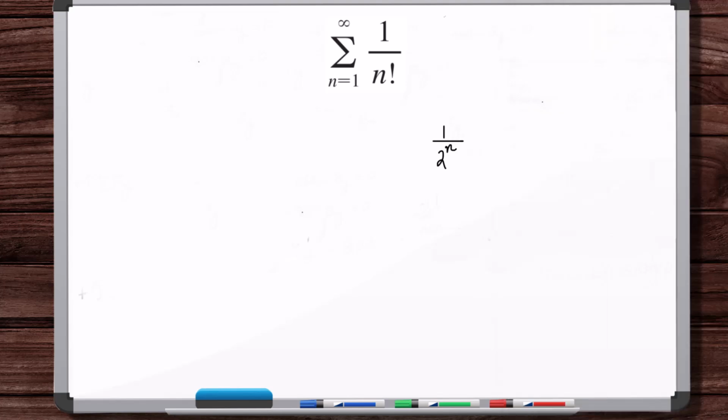So we can say that this will always be less than this. Okay, but this is a geometric series that converges. Or no, wait, it's the other way. This is always greater because 2 to the n is always smaller than n factorial. So this converges. This is always greater than this, so this is convergent.